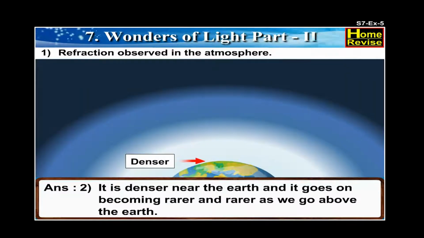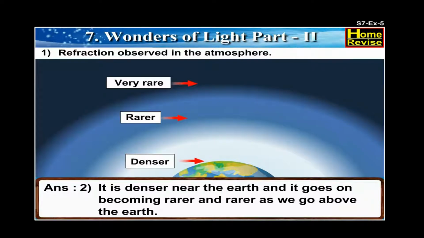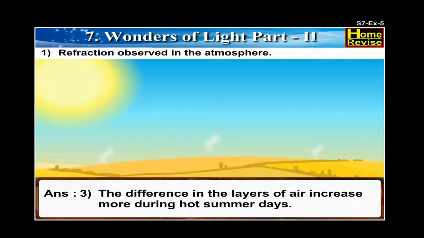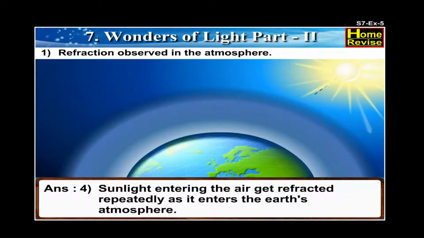It is denser near the Earth, and it goes on becoming rarer and rarer as we go above the Earth. 3. The difference in the layers of air increases more during hot summer days. 4. Sunlight entering the air gets refracted repeatedly as it enters the Earth's atmosphere.